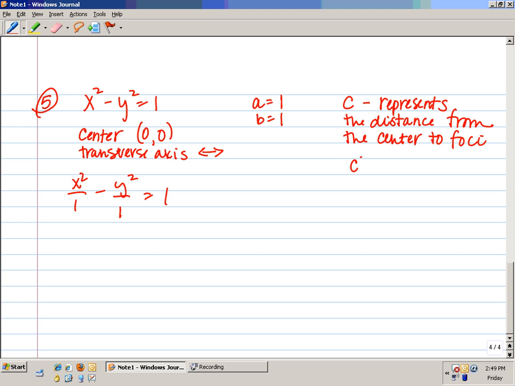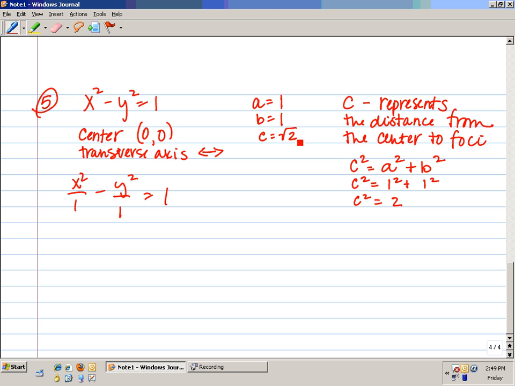And c is going to look familiar: c squared equals a squared plus b squared. So for us, c squared equals 1 squared plus 1 squared, so c squared equals 2. So c equals the square root of 2.